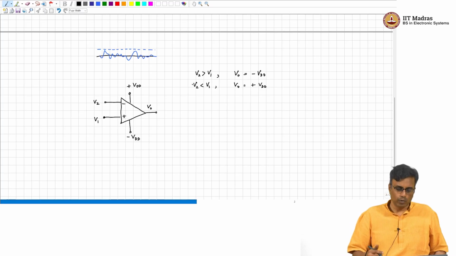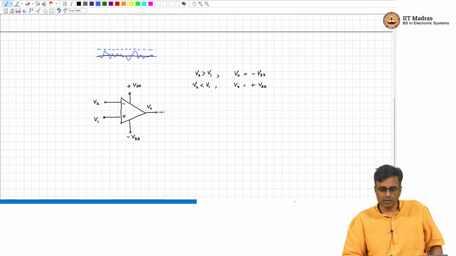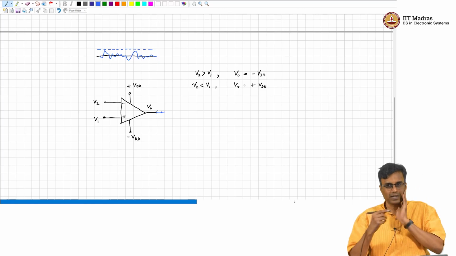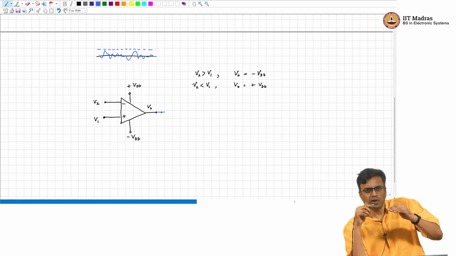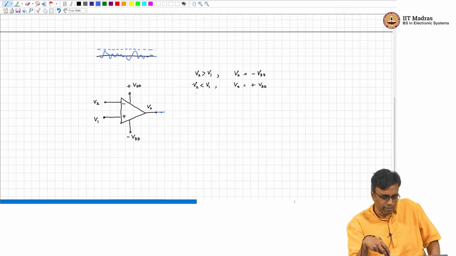So, one way of doing that is to basically use positive feedback. So, for example, we know that the output is either plus VDD or minus VDD. So, if we know that the output is plus VDD, that means what? If the output is plus VDD, we know that V2 is less than V1, right?